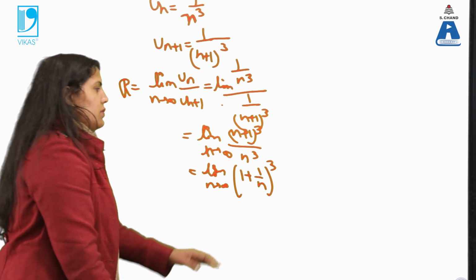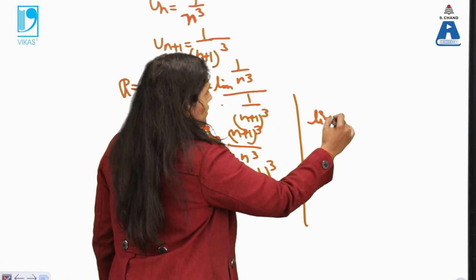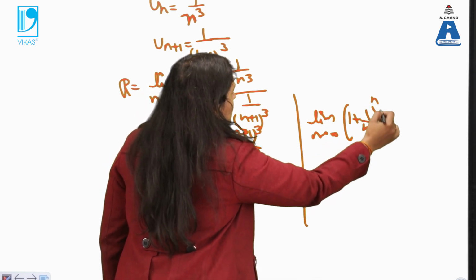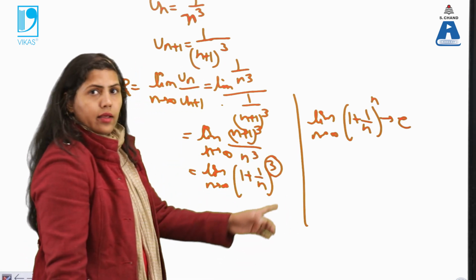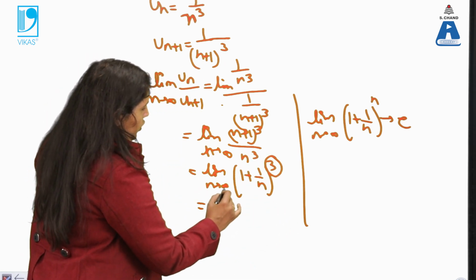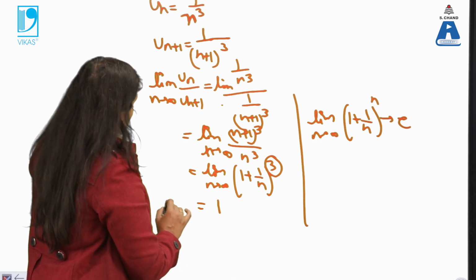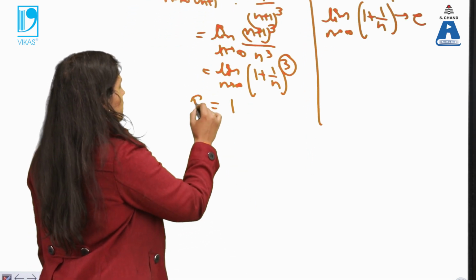Some of the students misunderstood and compared it with this limit, as I did in the earlier case. That limit is e, but this is not the power n, so this is not e. If n is tending to infinity, 1 by infinity is 0, so it is 1. And finally, your radius is 1.